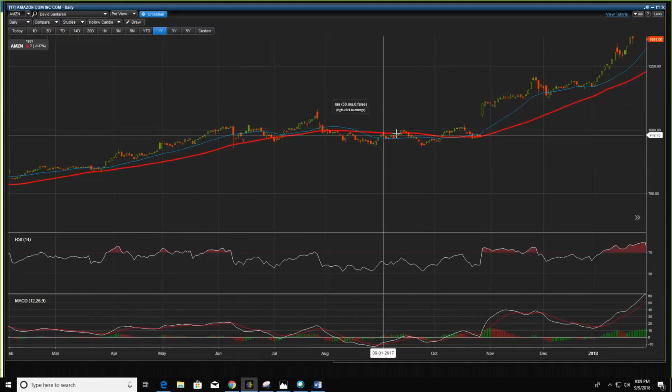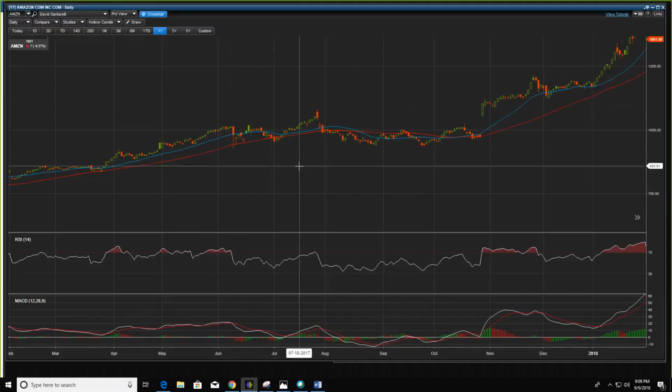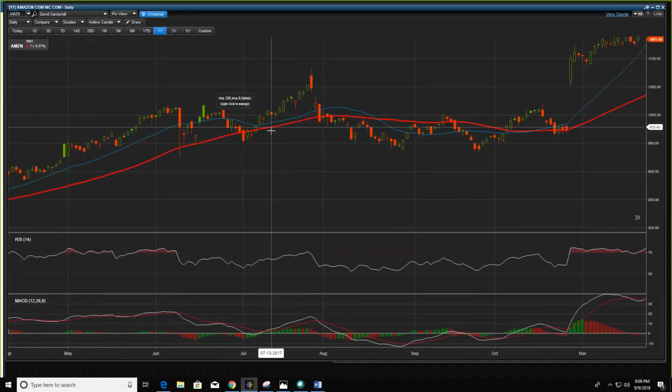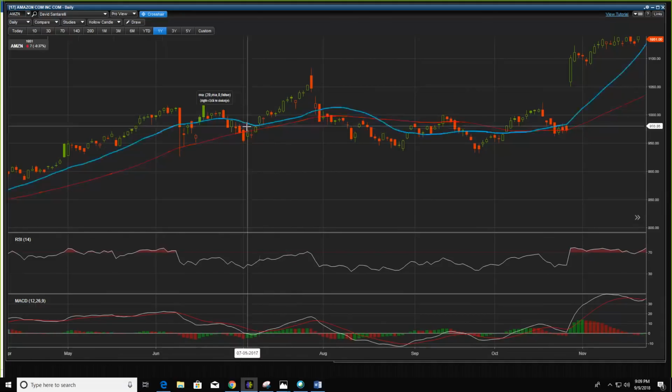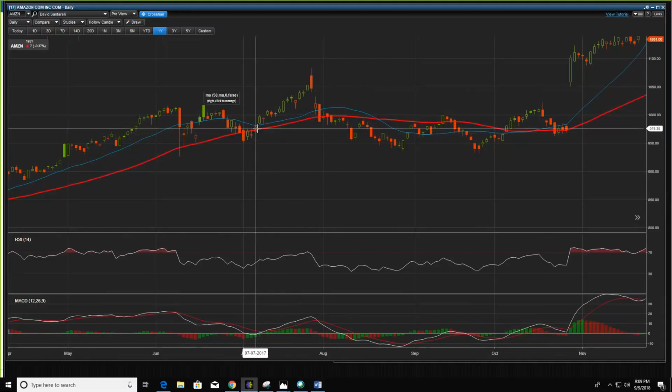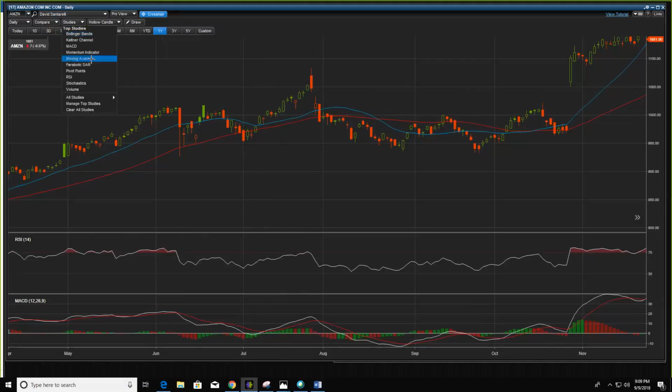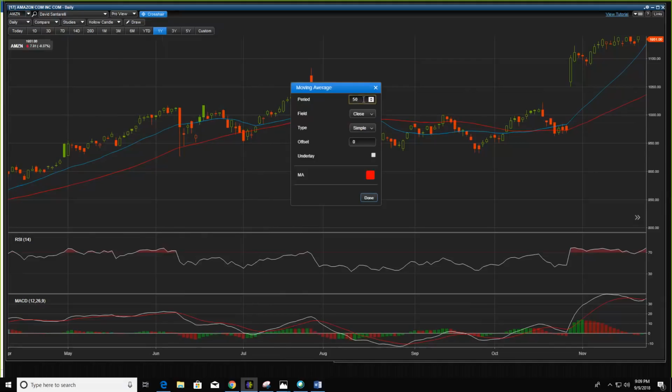So as you can see, let's say right here if we entered, and this is a good example here, but you're going to see why it's not a good setup right here. So as you can see, you're waiting for a clear move above the SMAs, and if we enter, let's use the 10-day just as an example here.